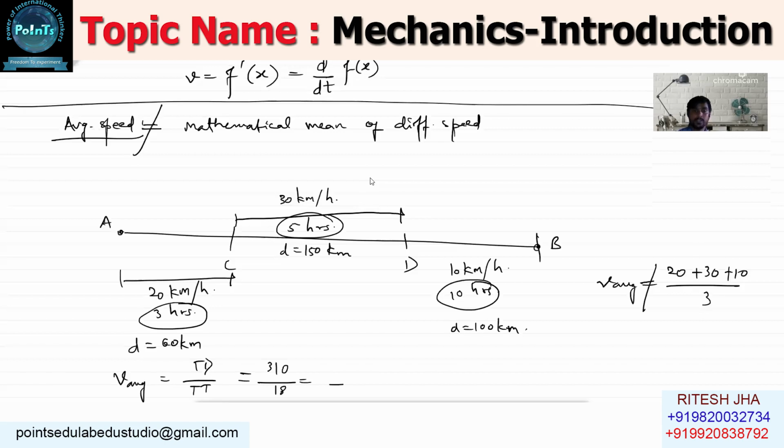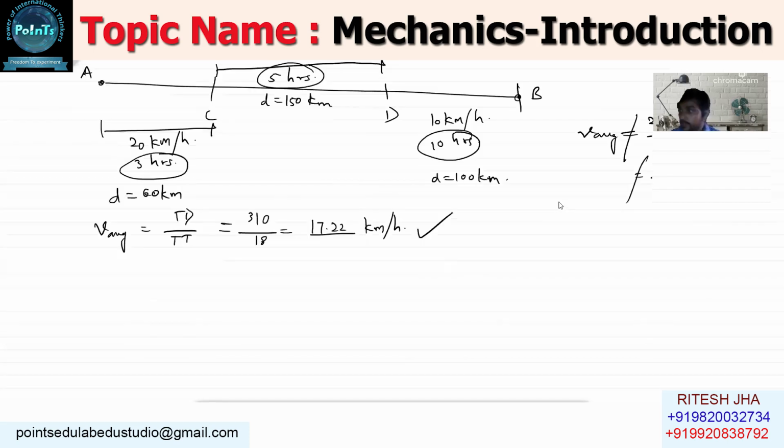What is that coming out to be? It gives 17.22, right? And the other way it was coming out to be 20, which is not correct. So this is the right answer. The average speed is basically the total distance over total time.